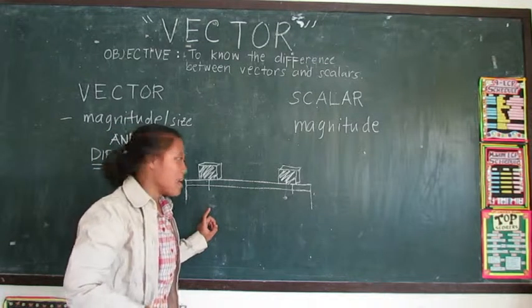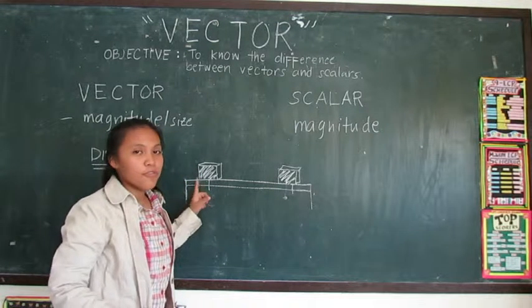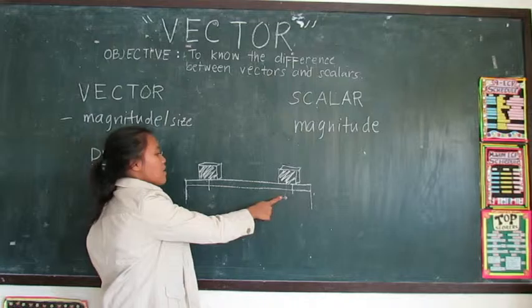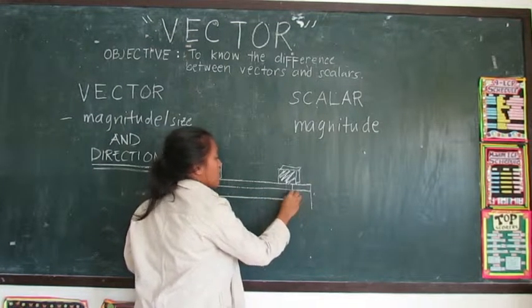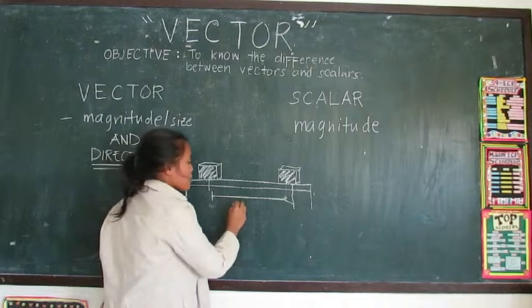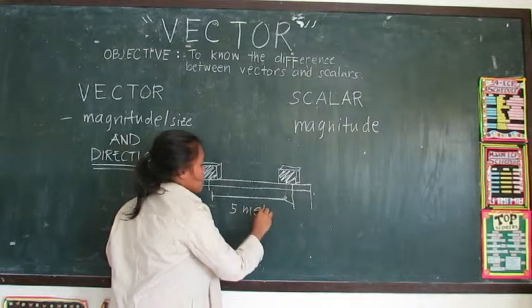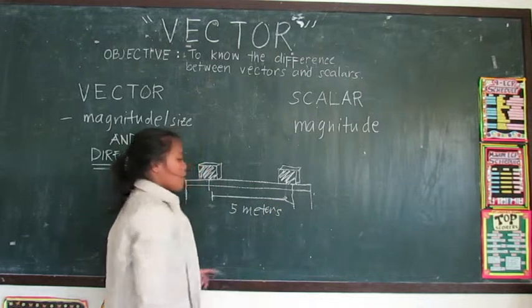Let's just say that when I move the box from here to there, the box traveled 5 meters.